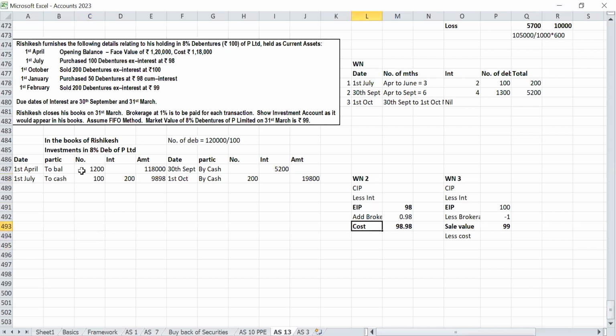So opening balance cost is 1,18,000 divided by 1,200 into 200, per debenture 98.33. Profit per debenture is 0.67. Total profit we have to transfer to P&L. Number of debentures interest nil. Amount is 0.67 into 200 debentures.